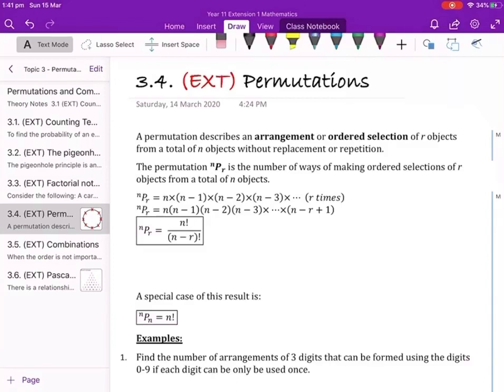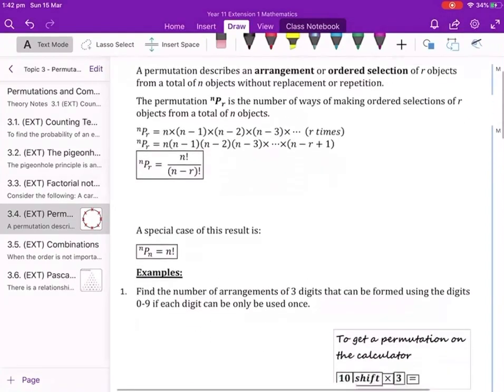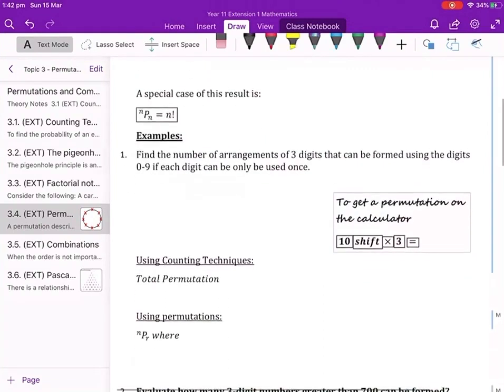So nPr equals n times n minus 1 times n minus 2 times etc., until we have times n minus r plus 1. We can also write nPr as n factorial over n minus r factorial. A special case of this is nPn, which is just equal to n factorial.